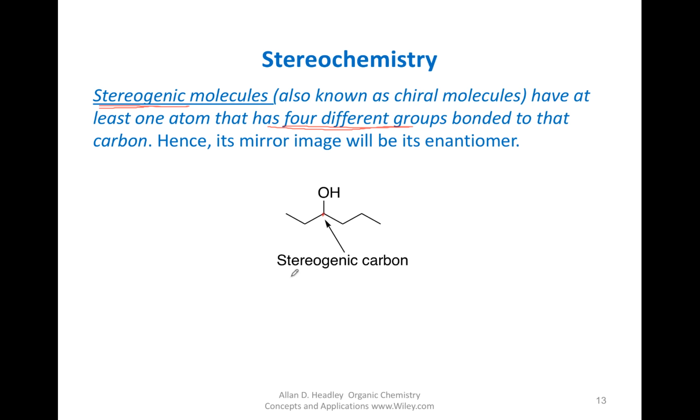This carbon here is called the stereogenic carbon. Again, we'll use these terms as we go through the course: stereogenic molecule, enantiomers, plane of symmetry, and mirror images. They're all making reference to the stereochemistry of molecules.